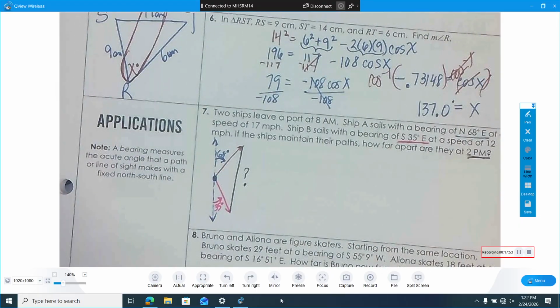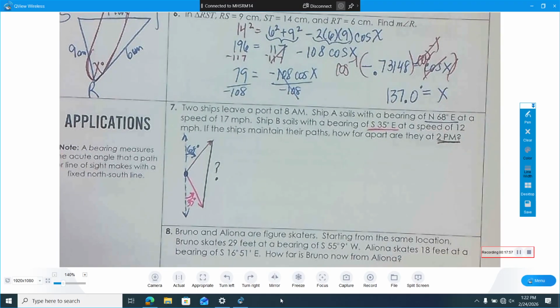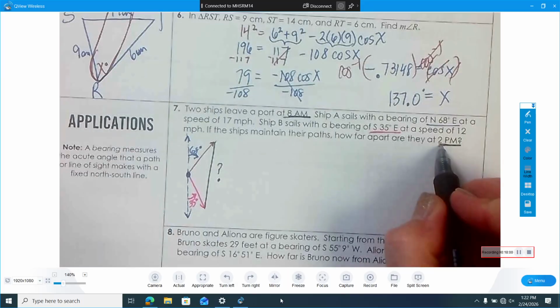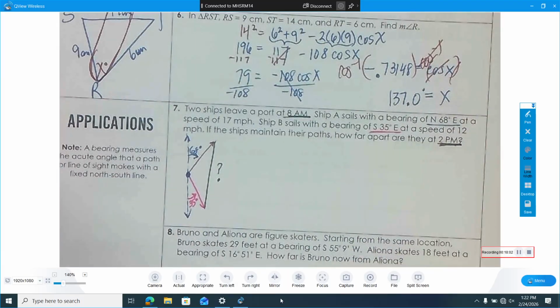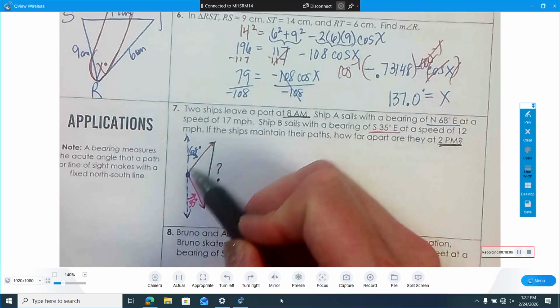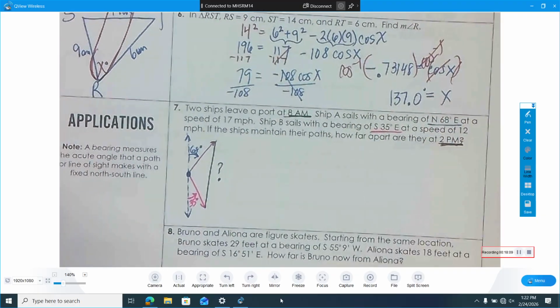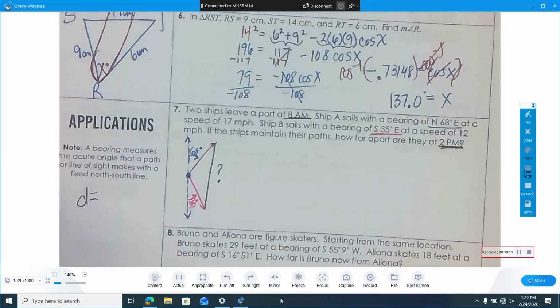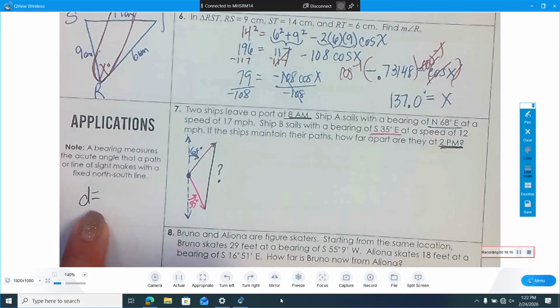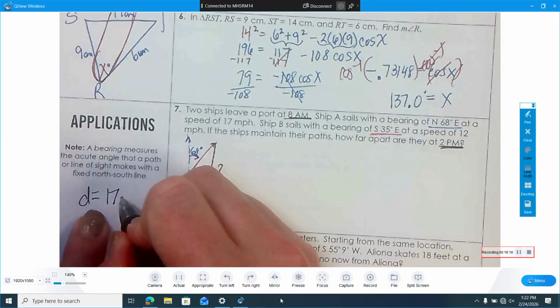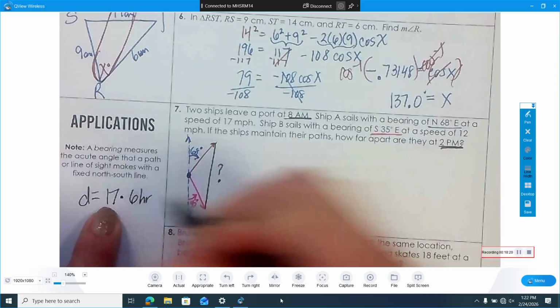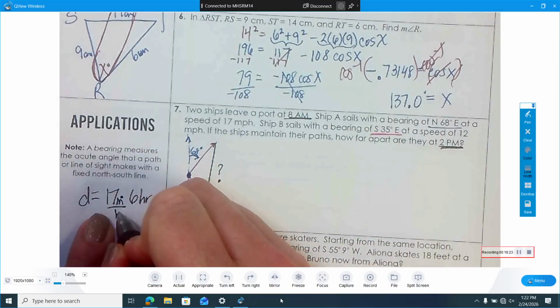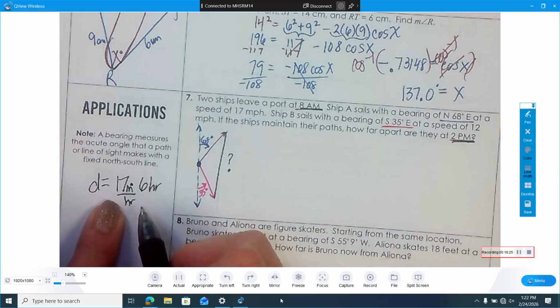How many hours later? 6 hours later. We started at 8 a.m. and we want to know how far apart they are at 2 p.m. That's 6 hours later. Well, what distance did ship A travel in 6 hours? 17 miles per hour times 6 hours.